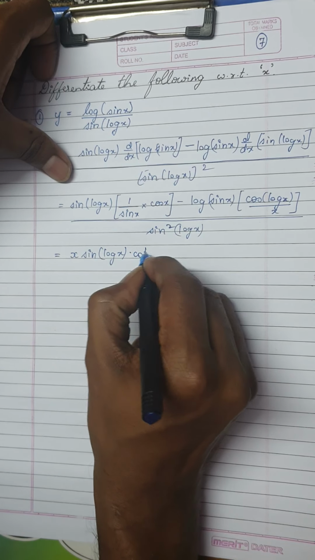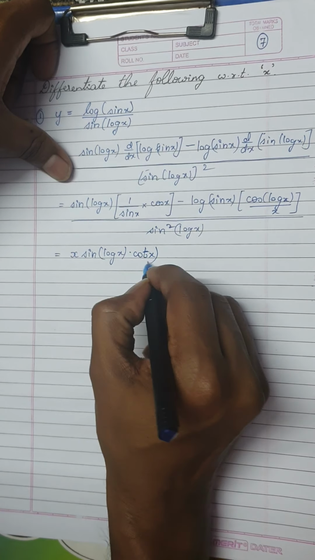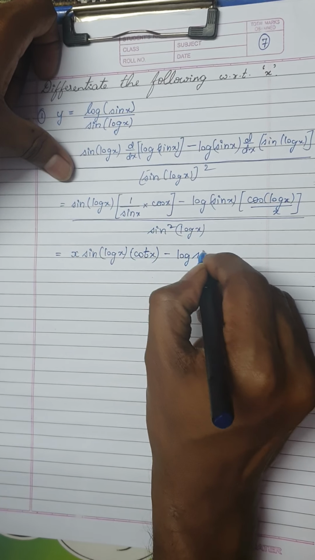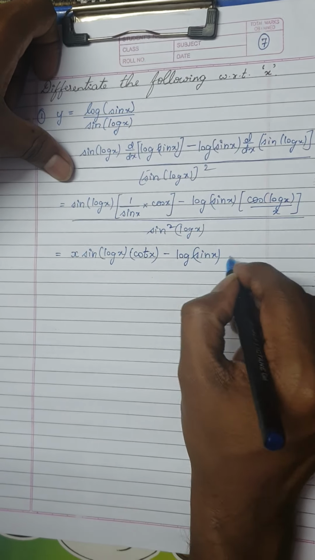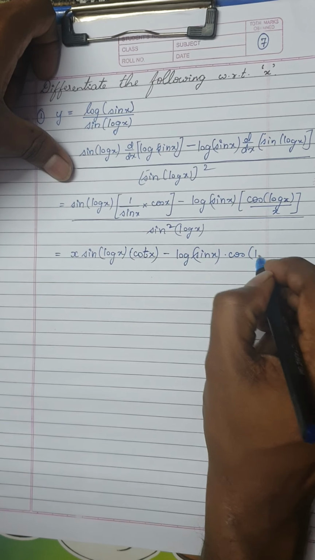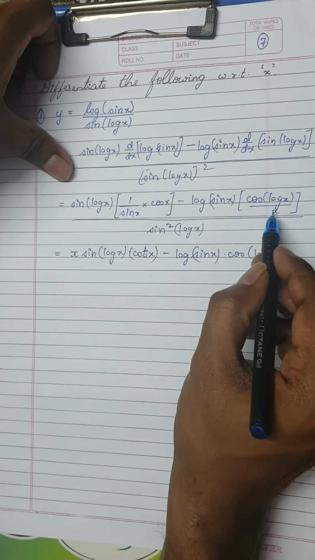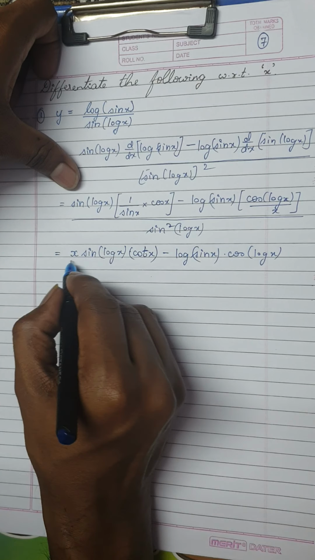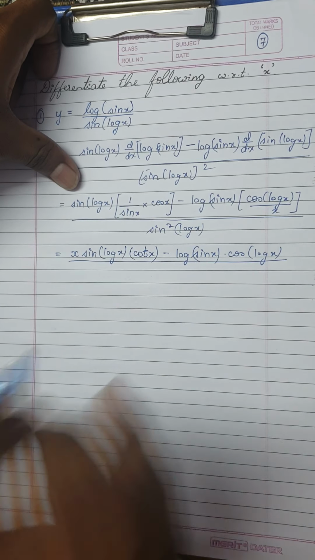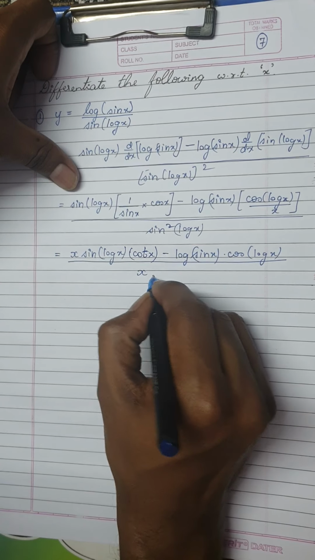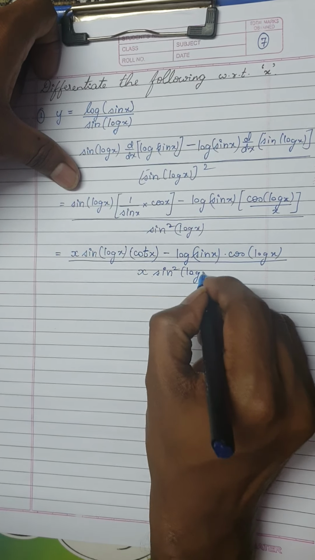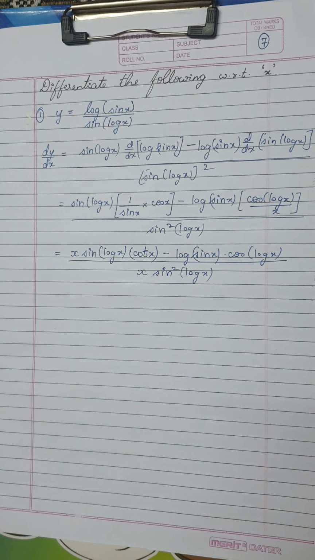We know that cos x by sin x is cot x, minus log of sin x into cos of log x. Remember, this x is taken as LCM and multiplied here, and it will be multiplied for the denominator also, divided by x into sin square log x.